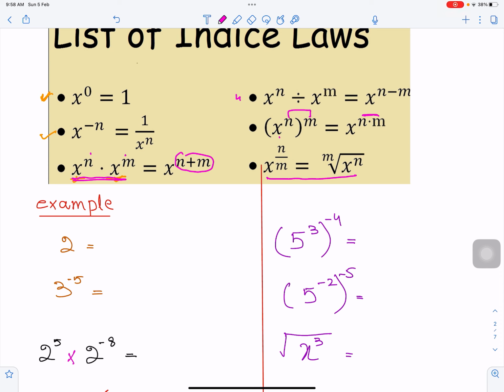If it is, for example, 2 power 0, then the answer will be 1. If it is 3 power minus 5, I can write 1 over 3 power 5. Minus 5 will become plus 5. Okay, let's see this one. 5 is a base, 3 is a power, and they have overall power minus 4.